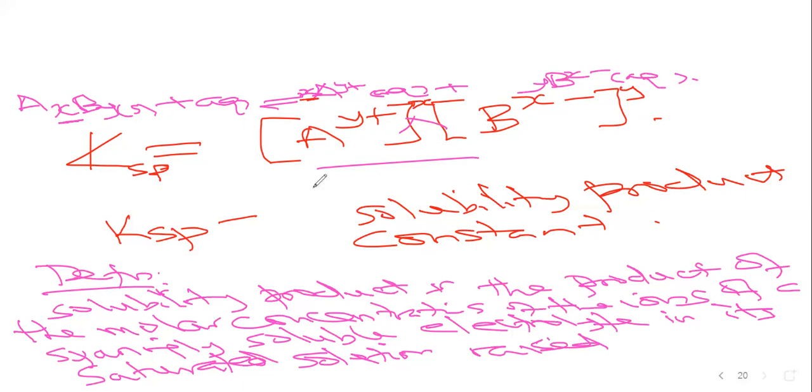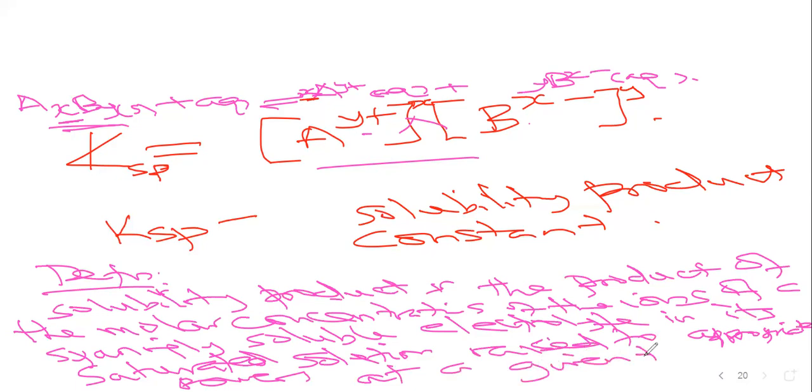We had forgotten that. Such that now the solubility product is the product of the molar concentration of the ions of a sparingly soluble electrolyte in its saturated solution, raised to appropriate powers at a given temperature.